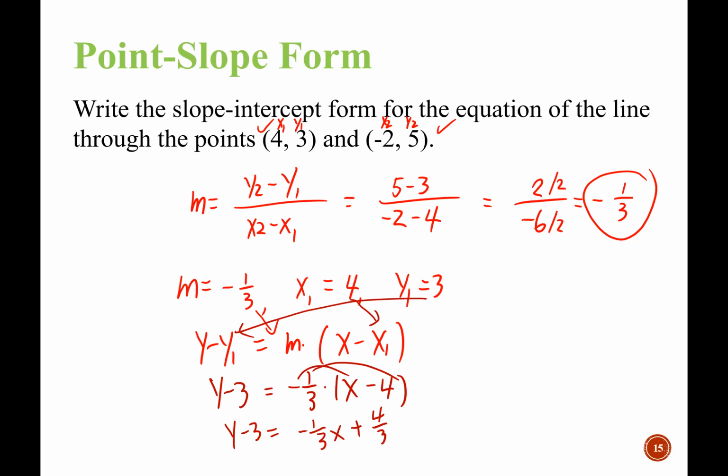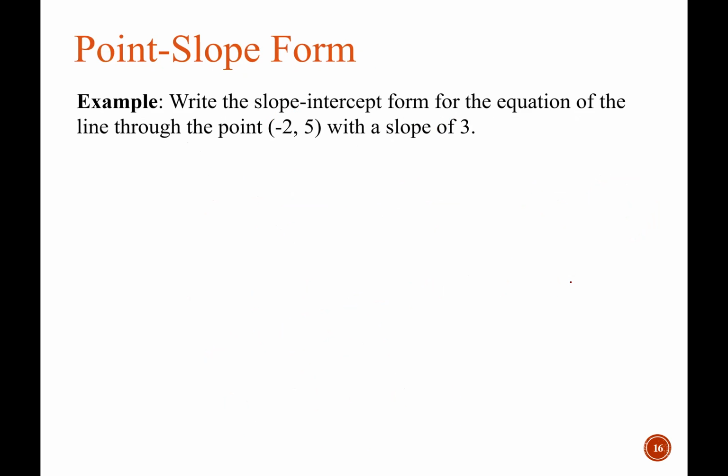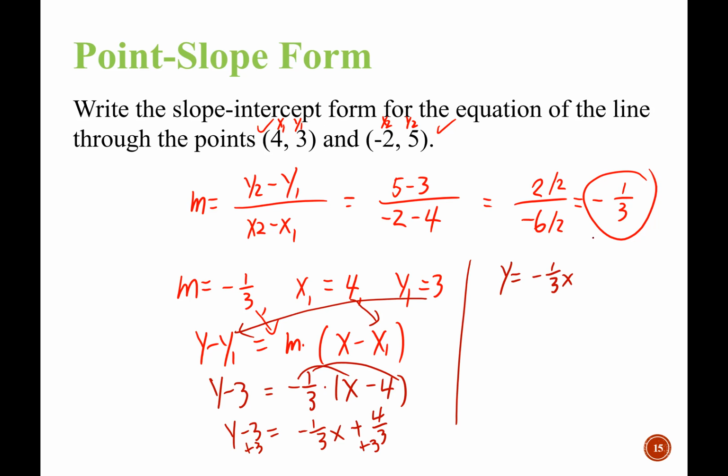Now you're adding 3 to both sides of the equation. Okay, add 3 here, add 3 on the right side. And from there, we end up with y equals -1/3 of x, and 4/3 adding 3. Make 3 a fraction, 3/1. And the LCD is 3. So multiply 3 here, multiply 3 here. Okay.